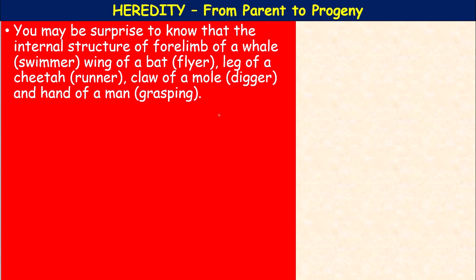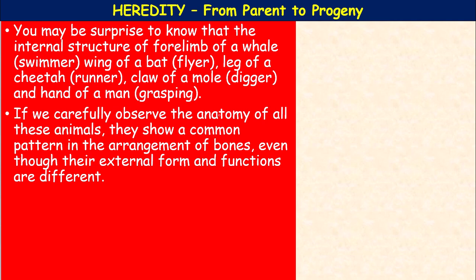In cheetah, running. The claw of the mole helps in digging, but the hand of man helps in gripping, grasping. Okay. So, if you carefully observe the anatomy of all these animals, they show a common pattern in the arrangement of bones.